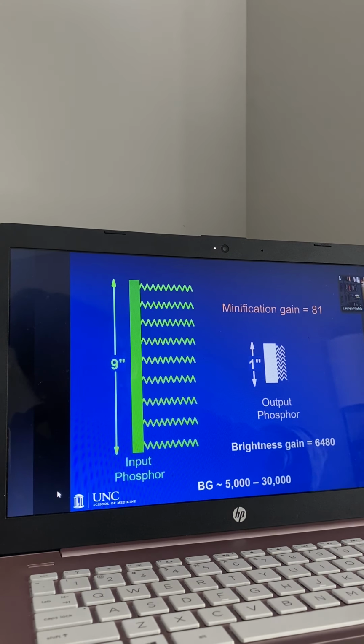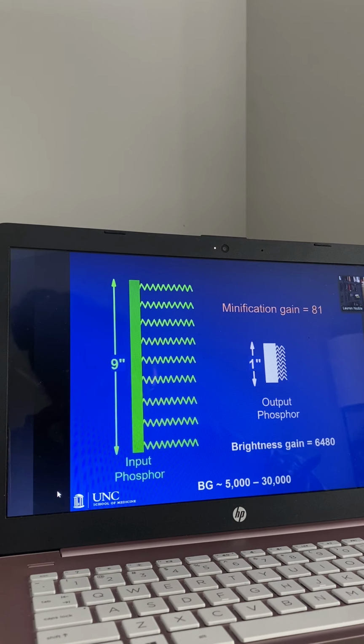Okay. So it takes the minification gain as well as the flux gain to give us the total picture of the illumination capabilities of that image intensifier, and that's expressed as brightness gain. So on a test, you may be asked, what does minification gain take into account?